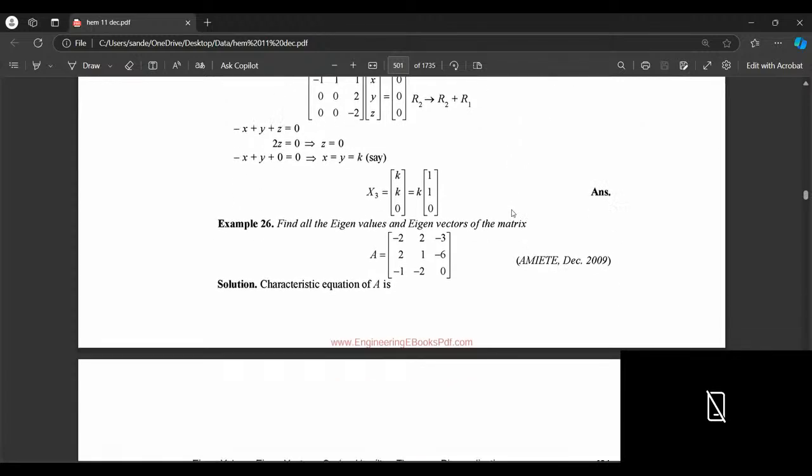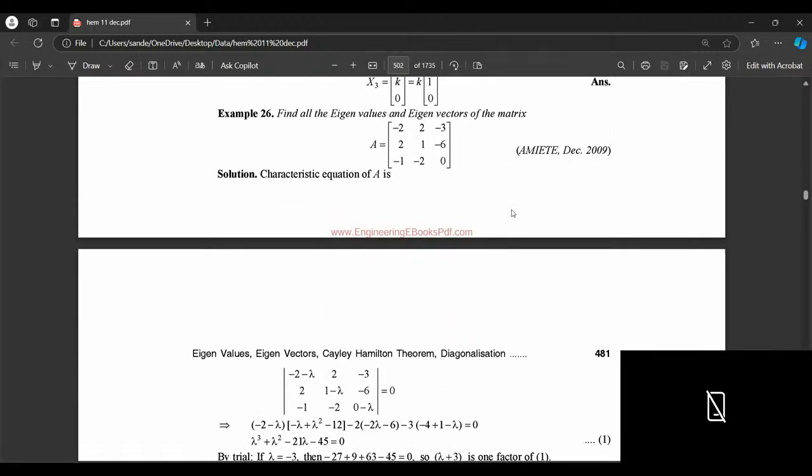So again here, a similar example. Find all the eigenvalues and eigenvectors of the matrix. The matrix is given: minus 2, 2, minus 3, 2, 1, minus 6, minus 1, minus 2, 0. Here we write the characteristic equation as determinant of A minus lambda I equal to 0.